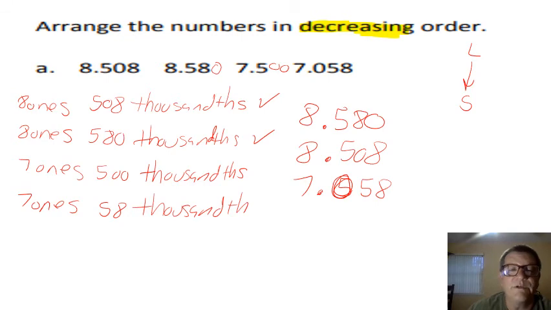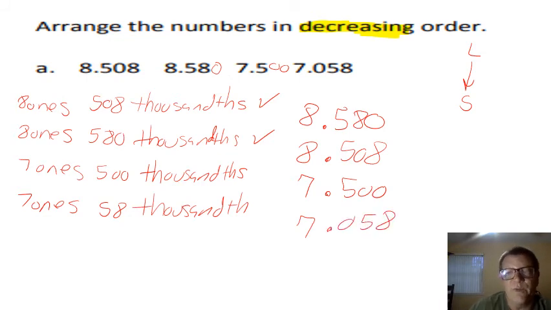I almost made a mistake myself because we want the next largest one, not the next smallest one. So it actually would be 7 and 500 thousandths. And our smallest one would be 7 and 58 thousandths.